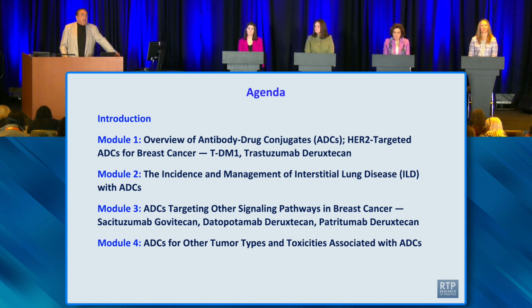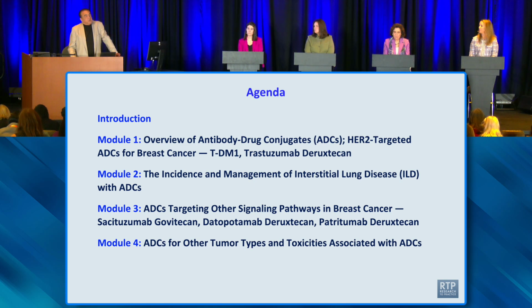So here's where we're heading today. First, we're going to talk about what antibody-drug conjugates actually are, and in particular how they've been developed in breast cancer, where really, as you can see, we have 3 breast cancer people here. You've seen the greatest evolution, but now antibody-drug conjugates are all over oncology, both solid tumors as well as hematologic oncology.